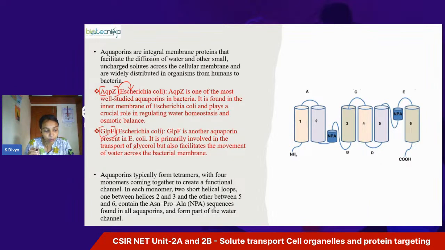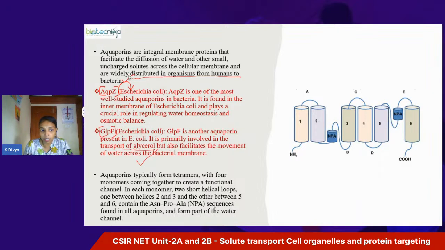GlpF stands for what? Aquaglyceroporin, which means it has glycerol permeability. It is primarily involved in the transport of glycerol and also facilitates water across the membrane. So we can say it is widely distributed in organisms from humans to bacteria.